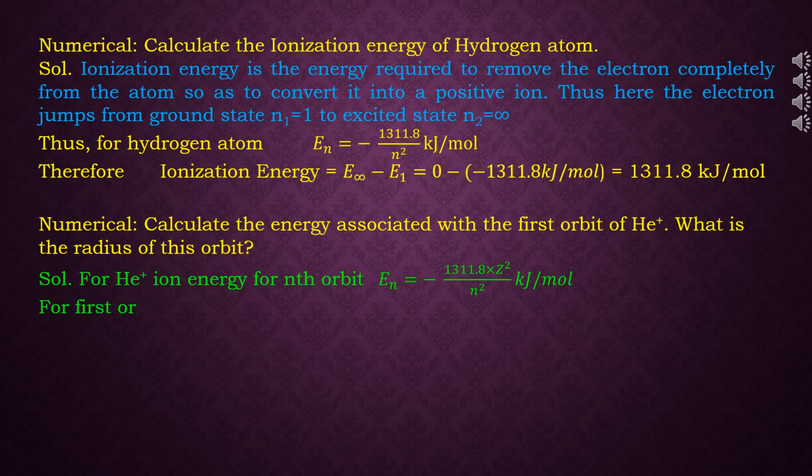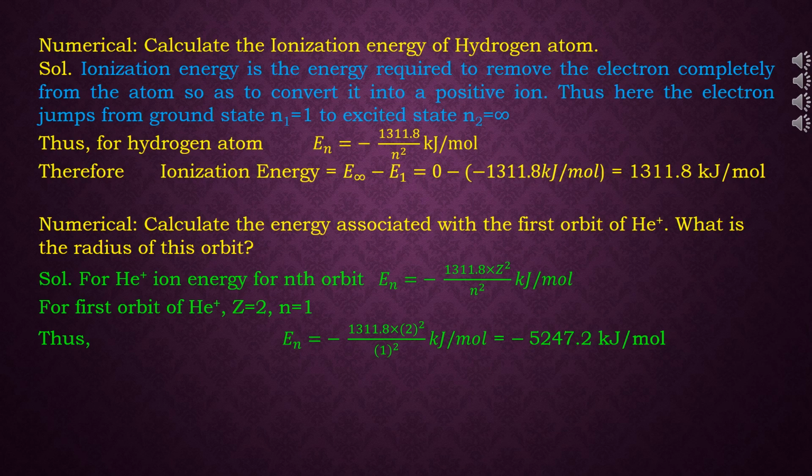For first orbit of helium positive ion, z is equal to 2, because atomic number of helium is 2, and for first orbit n is equal to 1. So by putting these values in above equation, En is equal to minus 1311.8 into 2 square upon 1 square kilojoule per mole, which comes out to be minus 5247.2 kilojoule per mole.